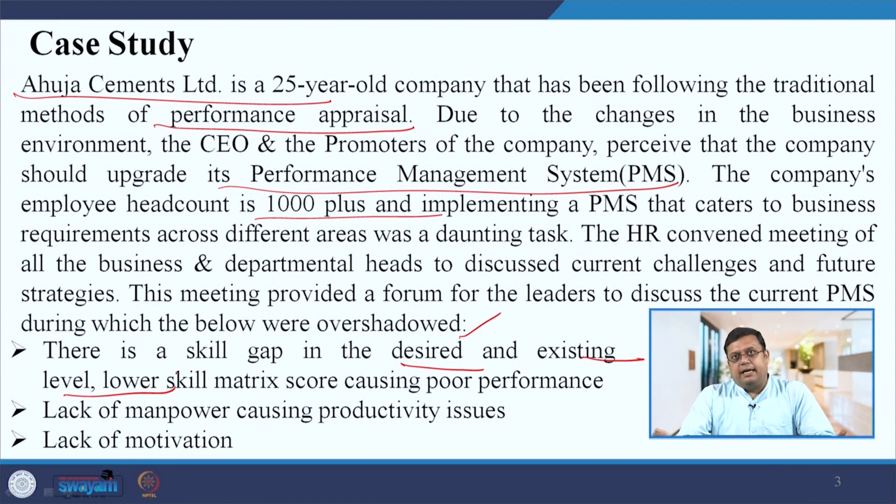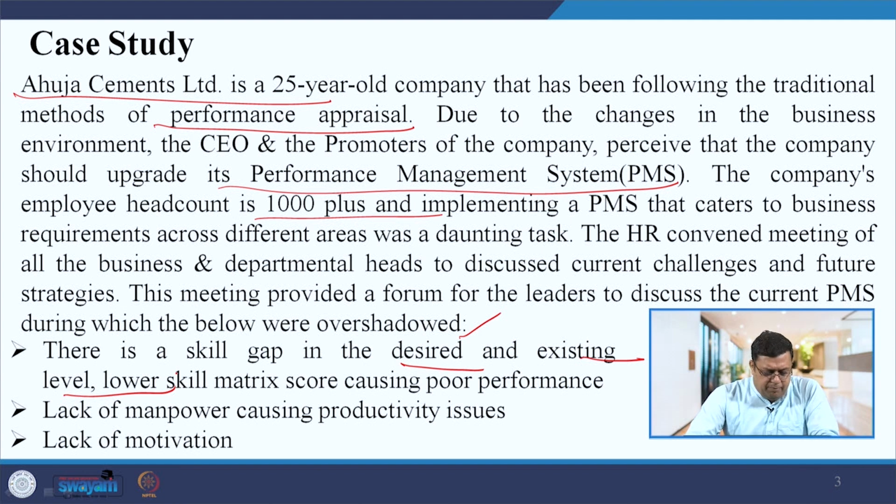Wherever that gap is there, you have to highlight poor performance. The desired level of skill is not there, so because of that poor performance is there in the organization. That is what you have to highlight or showcase through the visualization tool. How will you do that? That is what we will understand.